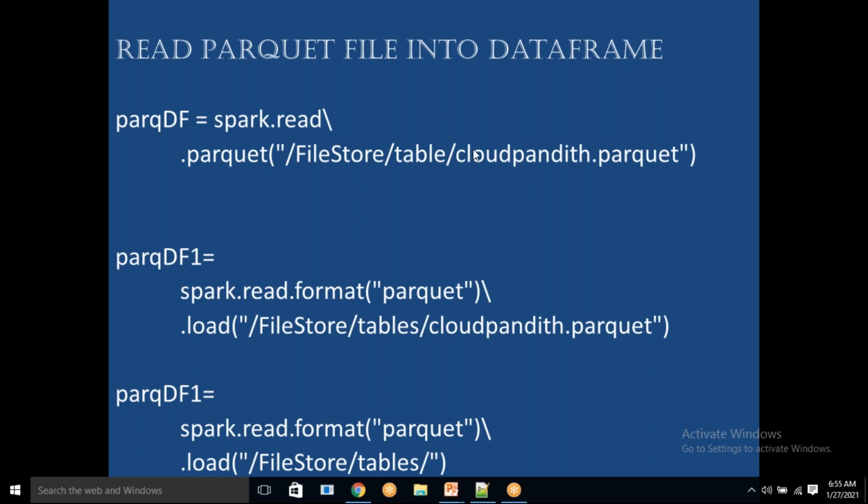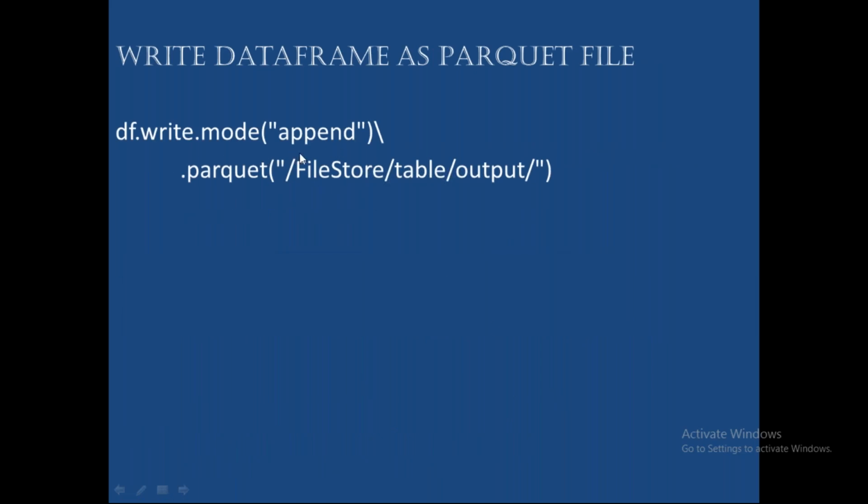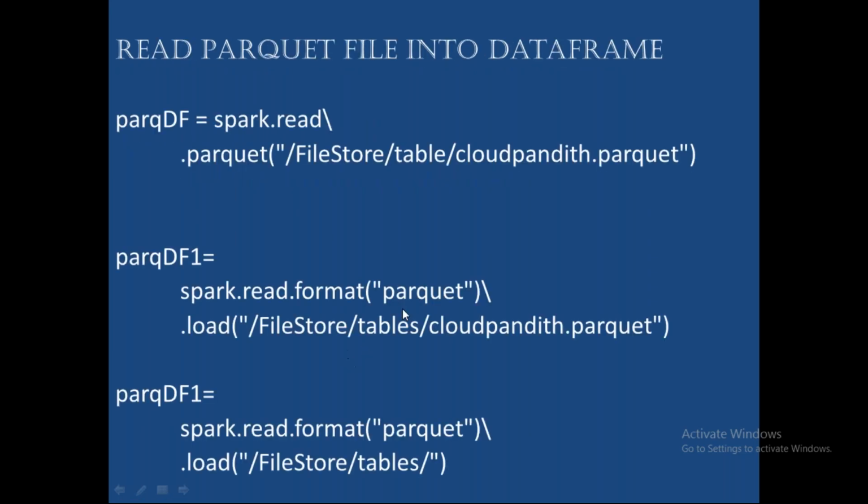This is one syntax, and this is another syntax, which we use to read multiple Parquet files. For writing a data frame, you have df.write.mode with append. If you look at the previous code and this code, I'm not saying option header equal to true or option inferSchema equal to true. When I read these Parquet files, the schema will automatically come.